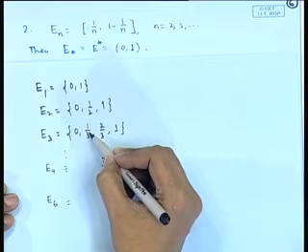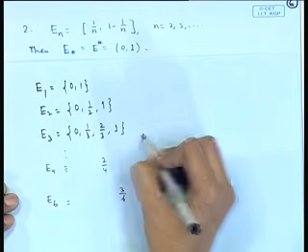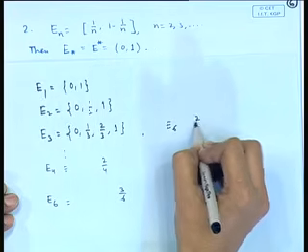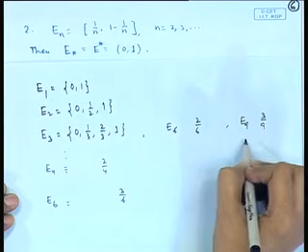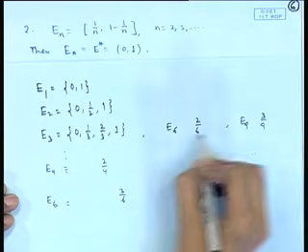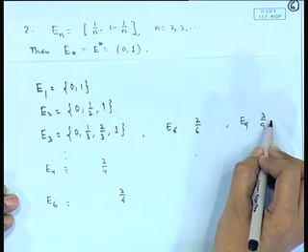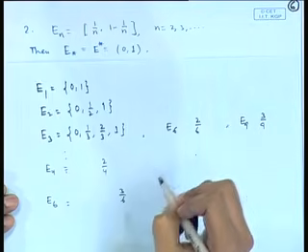Similarly, if I consider say 1 by 3, then it will be there in E3, it will be there in E6 as 2 by 6, it will be there in E9 as 3 by 9, etc. So, it will once again belong to infinitely many sets, but it will not belong to all but finitely many.